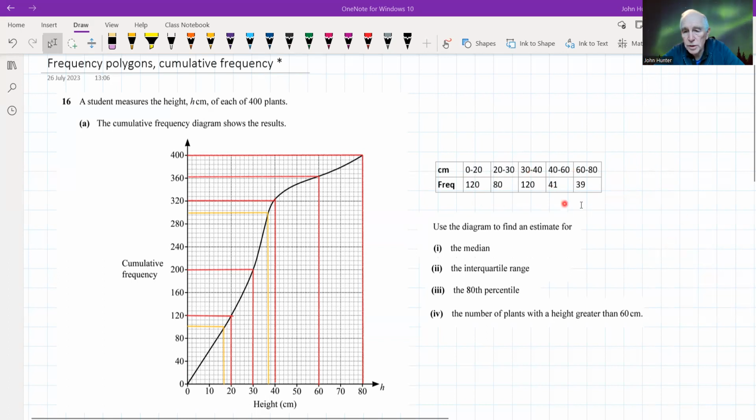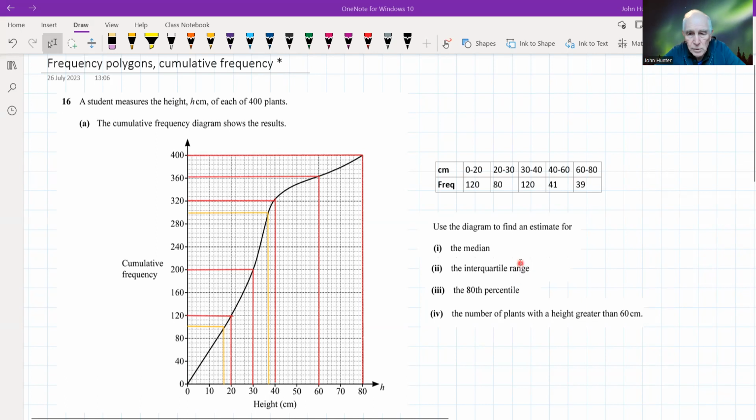And now we're going to use this data in order to draw this cumulative frequency diagram. The cumulative frequency diagram is quite a useful diagram because it gives us a pictorial representation of the spread of the data. There's what we call the central tendency of the data, you know, where's the middle of it, and so on.